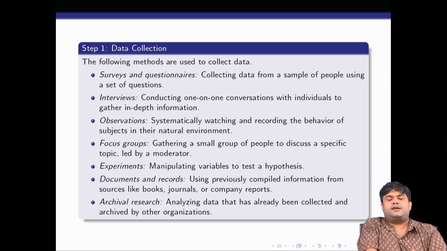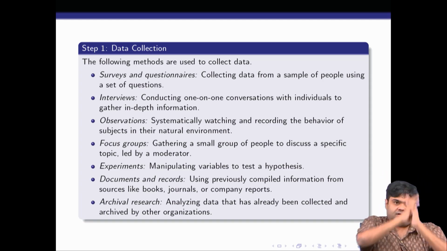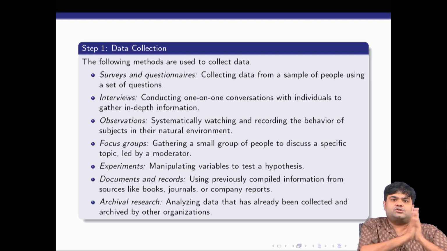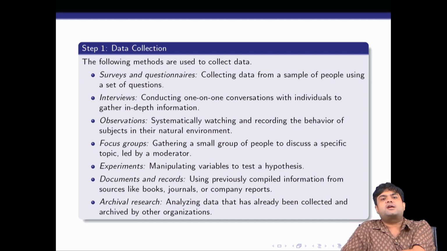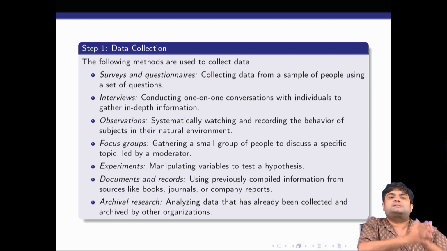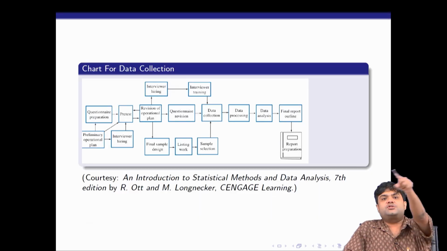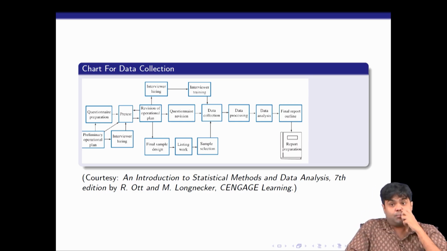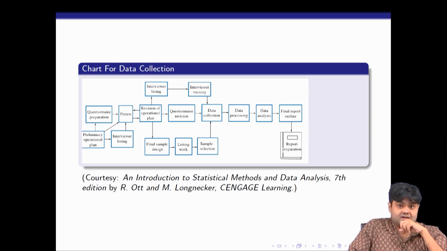You collect the data, that is, you make the measurements using certain processes: surveys or questionnaires, interviews, observation, targeted focus groups, experiments, archives and documents. So this is the diagram of the processes sometimes followed in real-life data analysis.